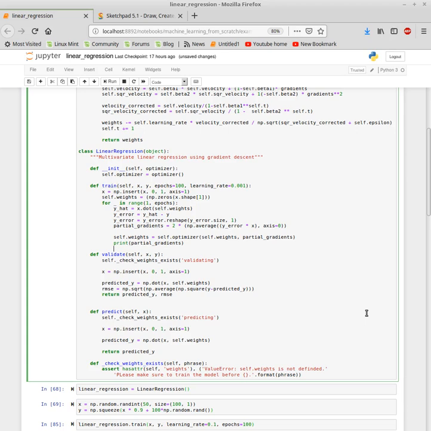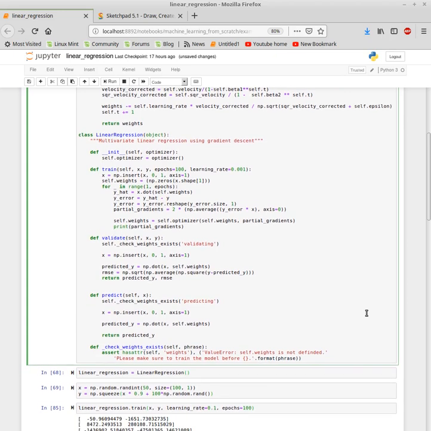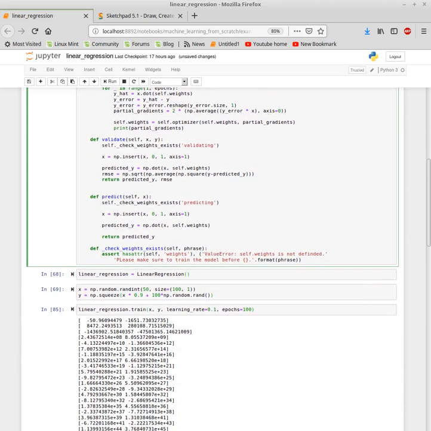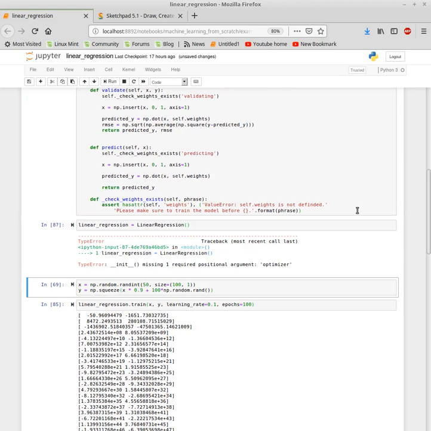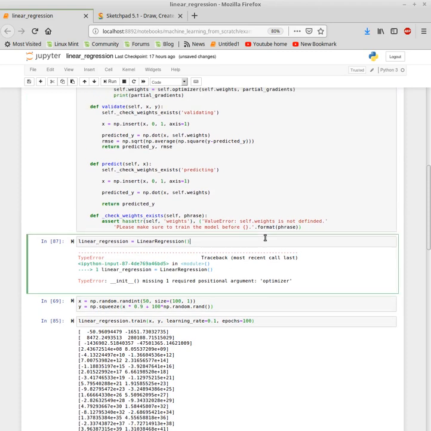Then everything else I think should be the same. So let's check it out to see if this is going to work. Oh, missing. Oh, yeah. Now I need to put optimizer is equal to Adam.